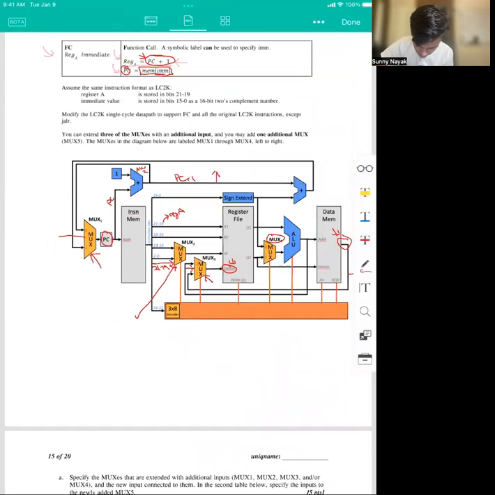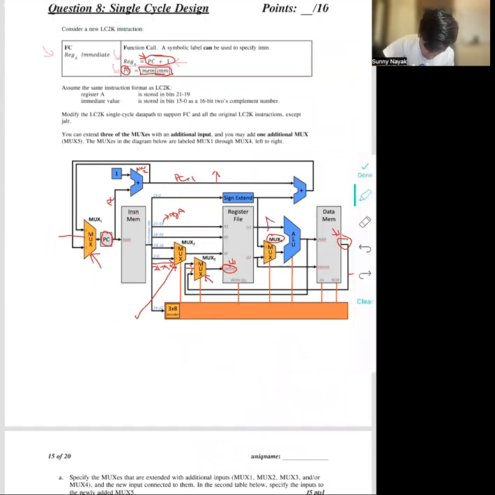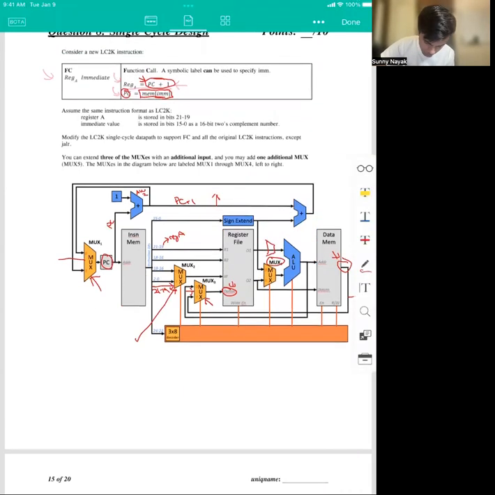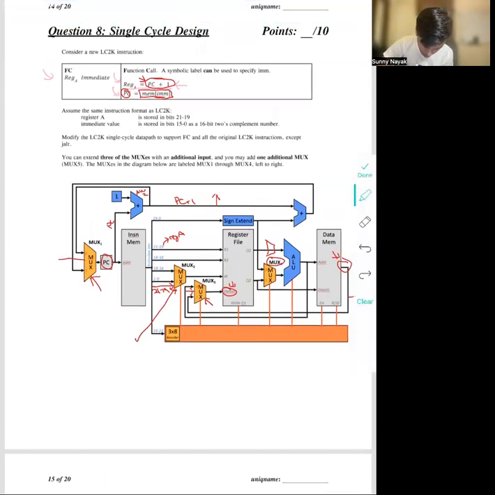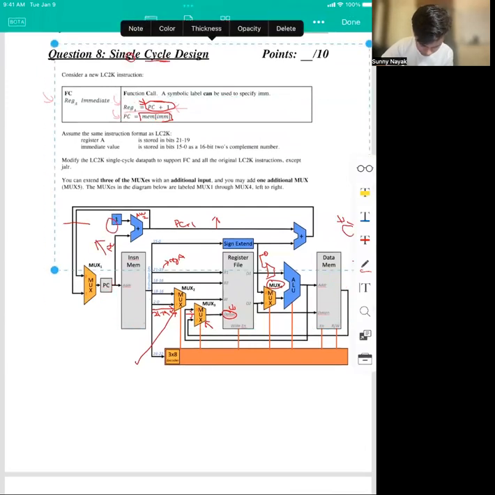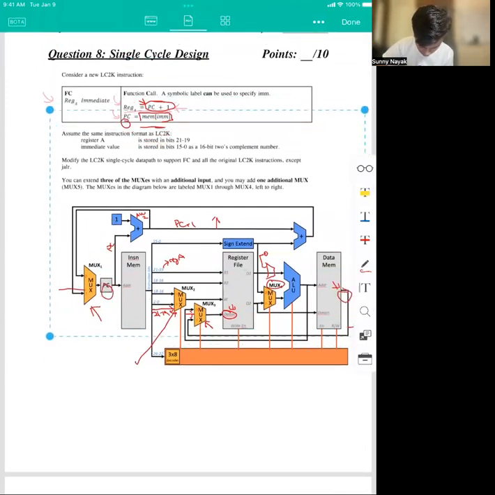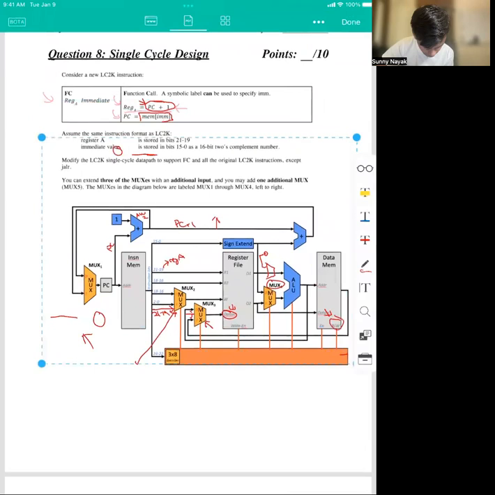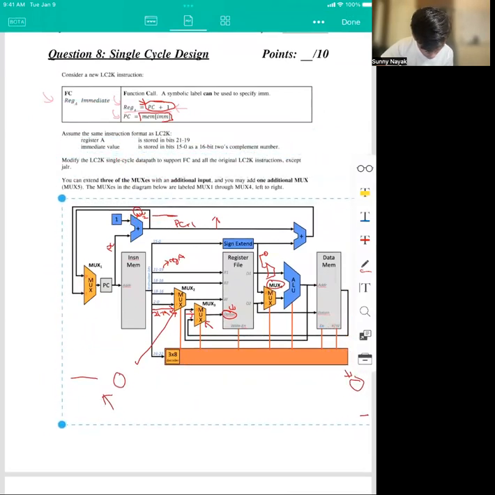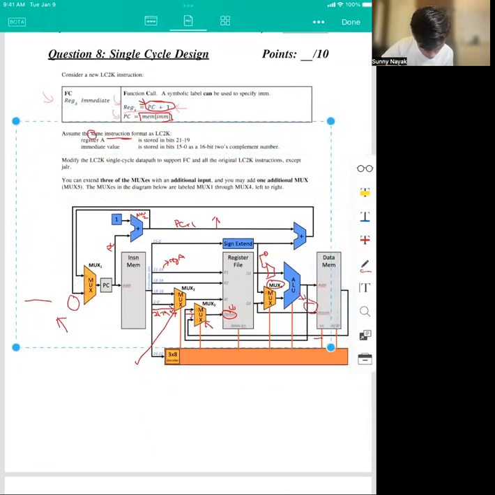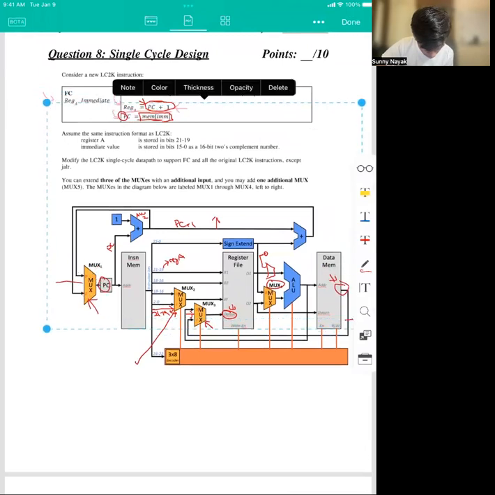Go ahead and move that. We're going to have our mux5 sitting right here, and its inputs are going to be register A and 0. I don't know what I had circled. It's probably something like this.